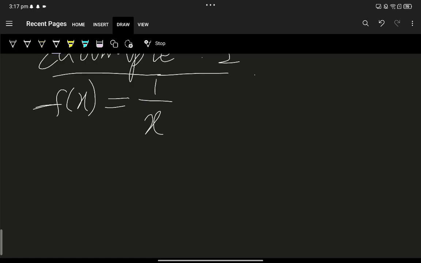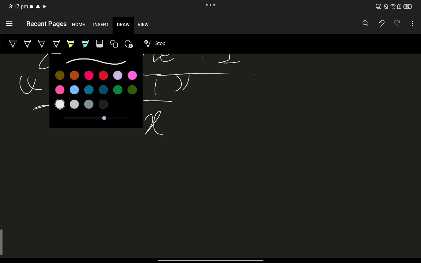The problem statement is f of x is 1 by x.